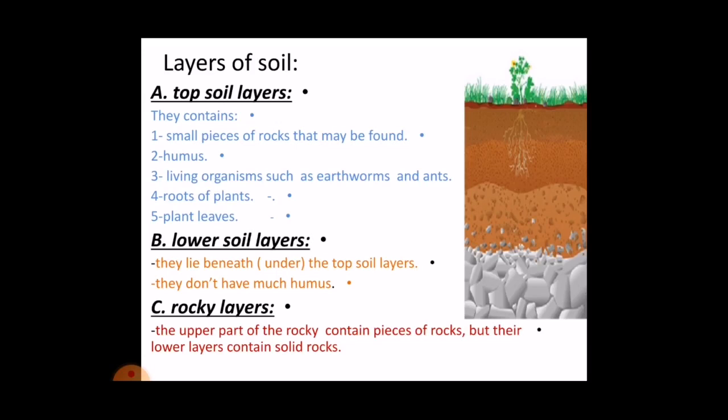Number 3, rocky layers. The upper part of the rocky layers contains pieces of rocks, but their lower layers contain solid rocks.